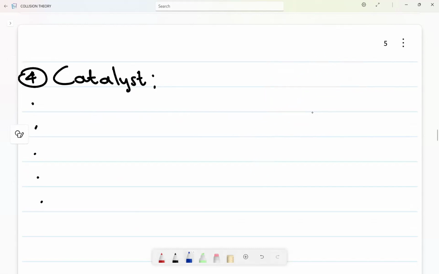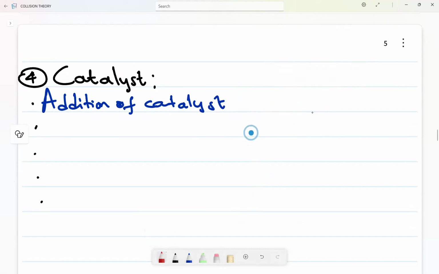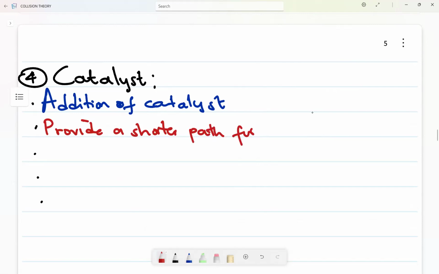Let's see how this affects with the addition of catalyst. Let's say they added the catalyst. These are the effects; the ones that I'm writing are the response. Addition of a catalyst, it provides a shorter path for the particles.